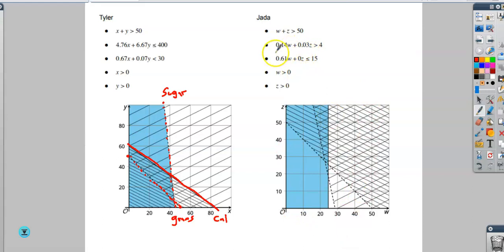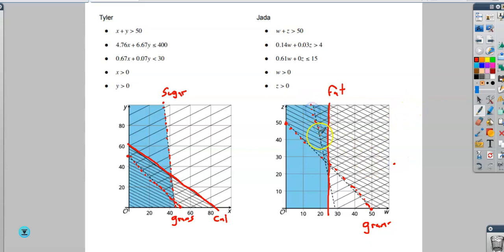So again, you can go here, right? This is the easiest one because it has the or equal to. So this solid line must represent the last one, which we said was fat content. The one that goes 50 to 50 will again be the grams, how many grams, and that's shaded above it because they want more than that grams.